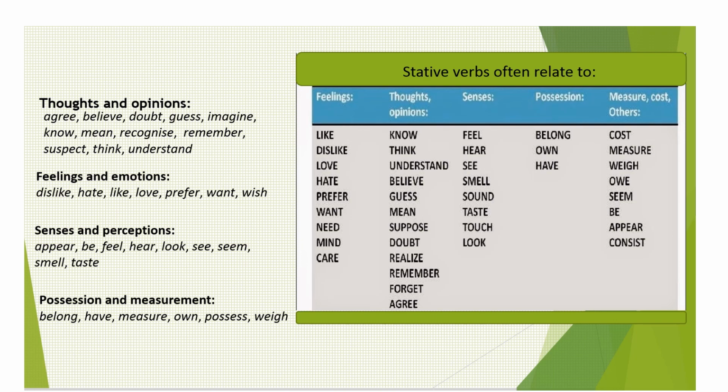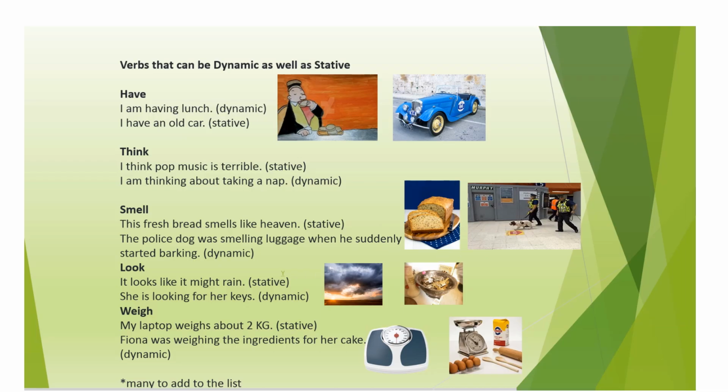Now, do we have an exception here? Yes, of course. There are some verbs which can be stative at times and dynamic at times. Based on the context, we have the same verb as stative and dynamic. Let's see how. For example, have.